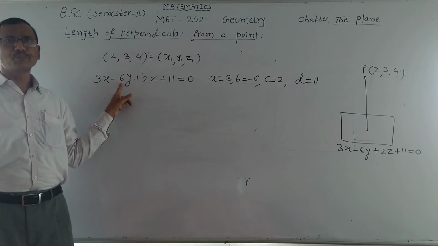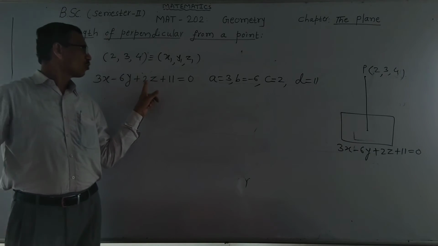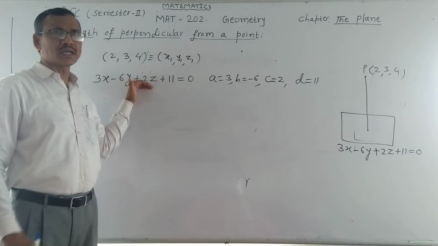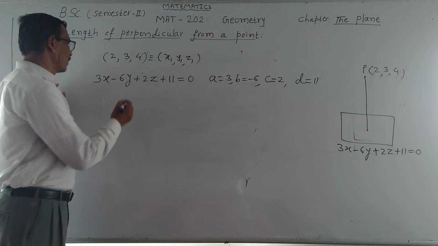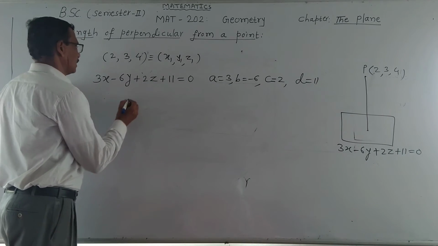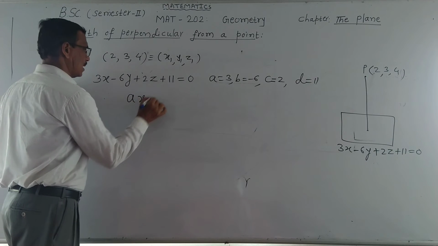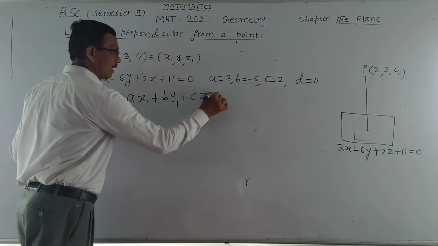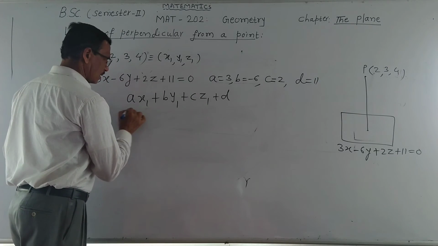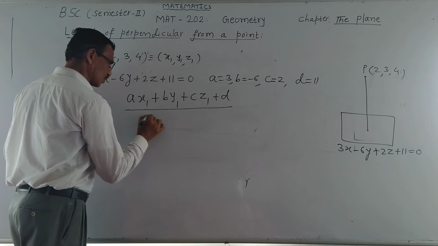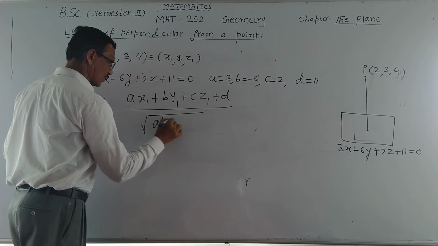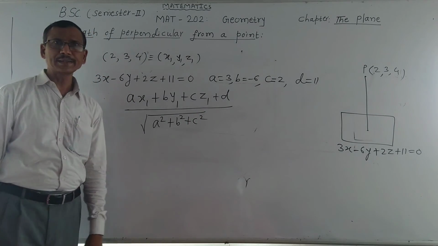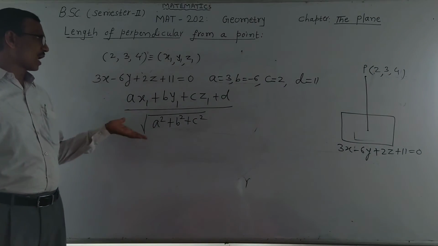And for the general equation of plane, the perpendicular distance is given by Ax1 plus By1 plus Cz1 plus D divided by square root of A square plus B square plus C square. Okay.